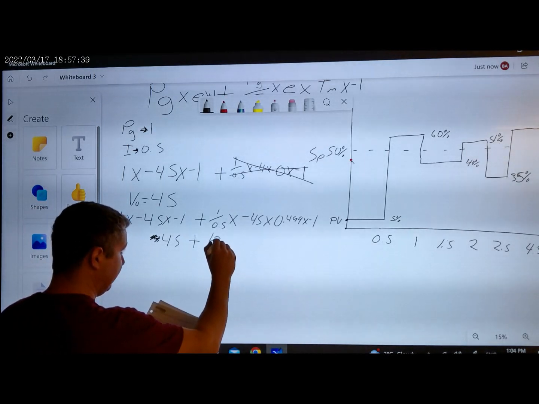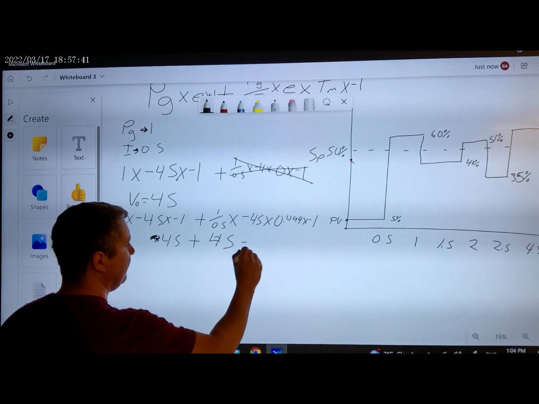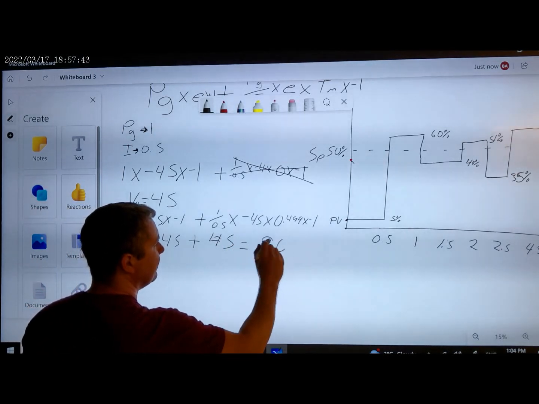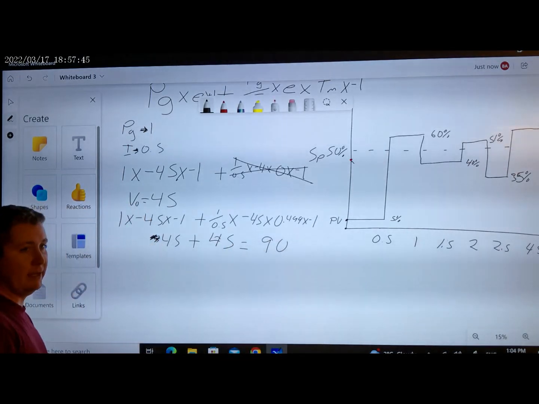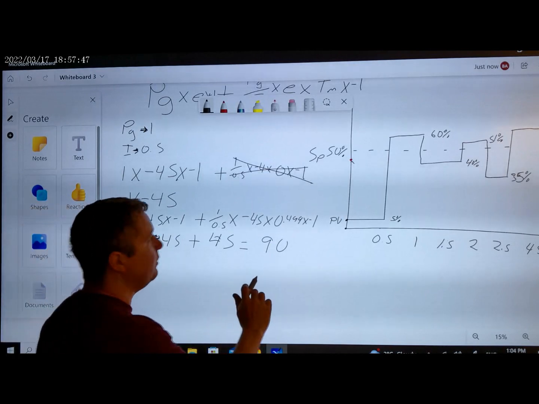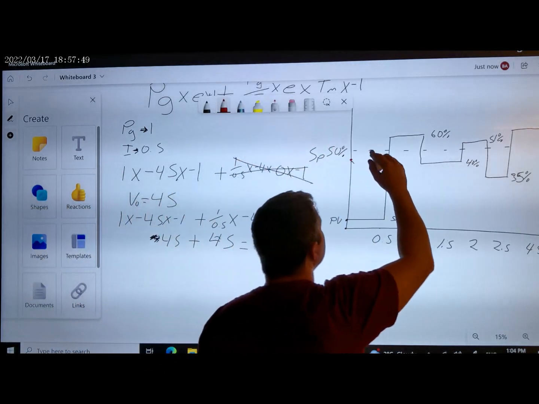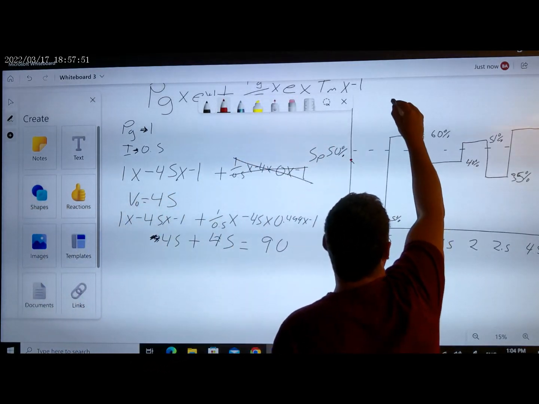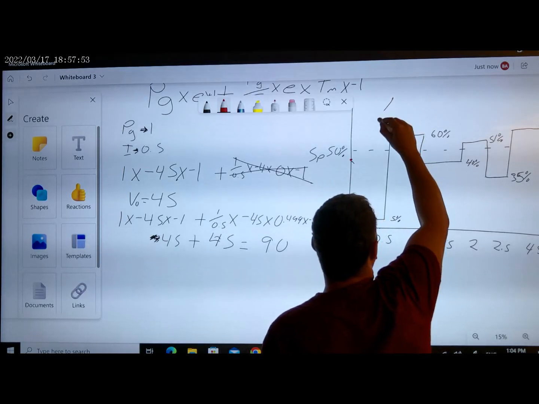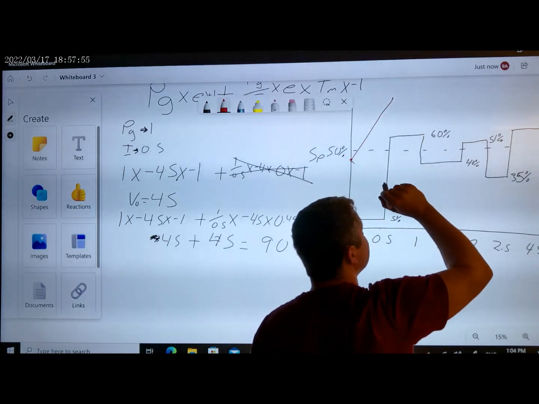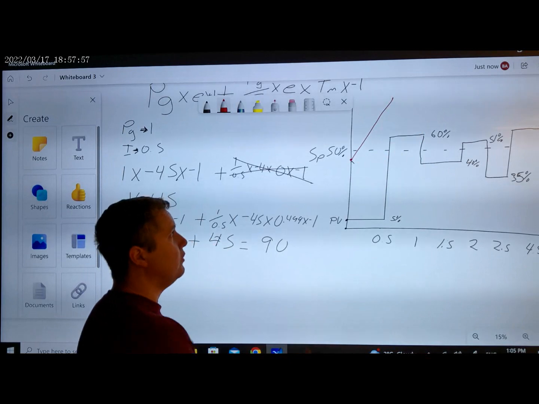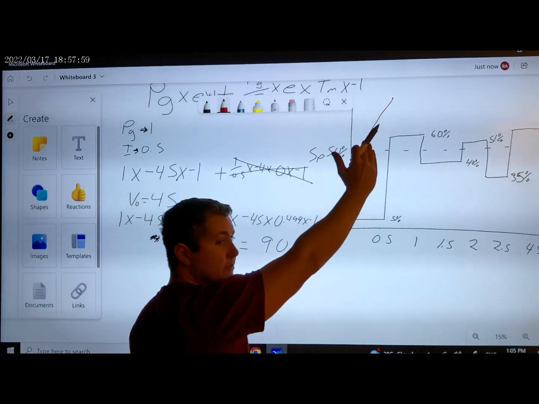Sorry, that equals 45. And you add those together, and that equals 90. Okay? So now our output is going to skyrocket up to 90. So over time, it went up to 90.